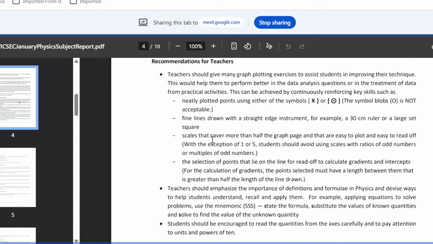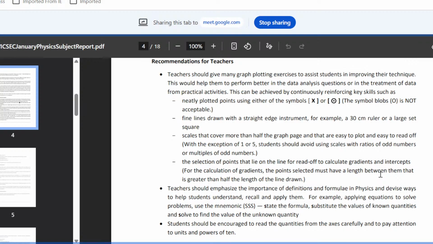Alright, so in this it says the scale, well, we know about using rulers already. Nobody has to tell you to use a ruler at this stage to plot graphs. And if it's a straight line graph, we know about lines of best fit.